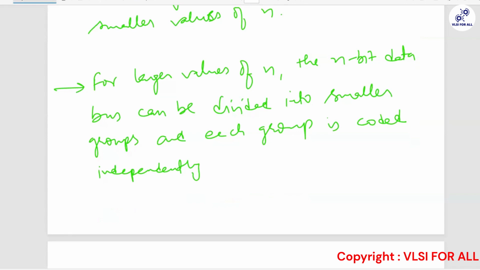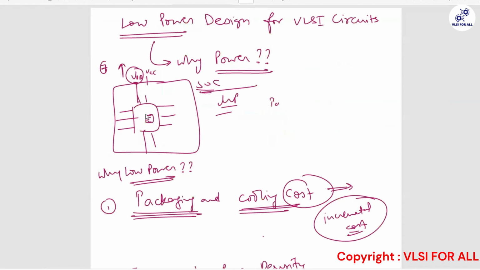So you understood how we can minimize the switching capacitance using these techniques. In the last class we saw these techniques, right?